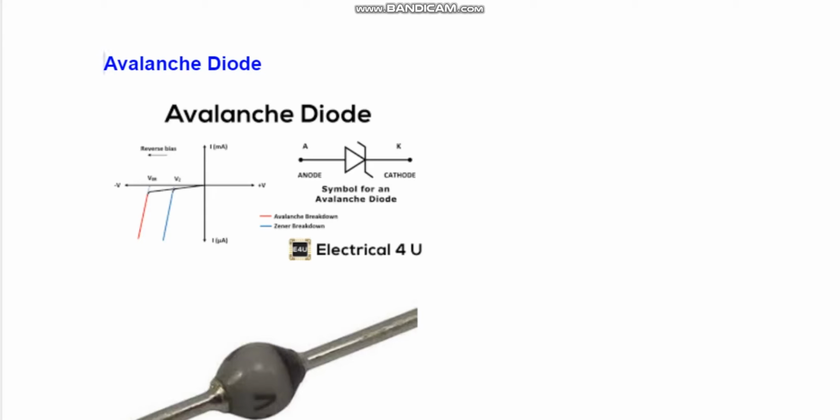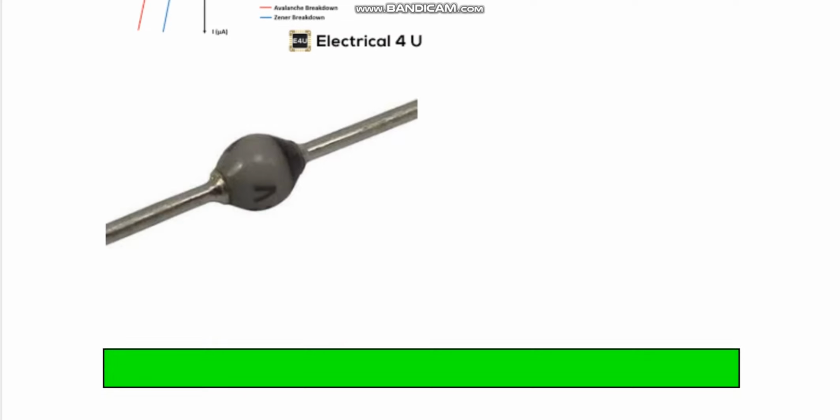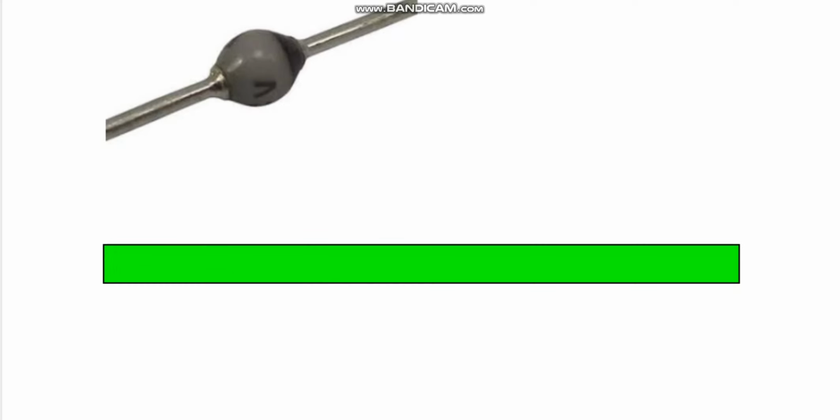The heavy doping inside the Zener diode creates a small junction and low voltages can easily break it. However, the avalanche diode has a wide junction because of light doping concentration. Thus, it requires a high voltage for its breakdown. This wide junction makes it a better surge protector compared to a simple Zener diode.